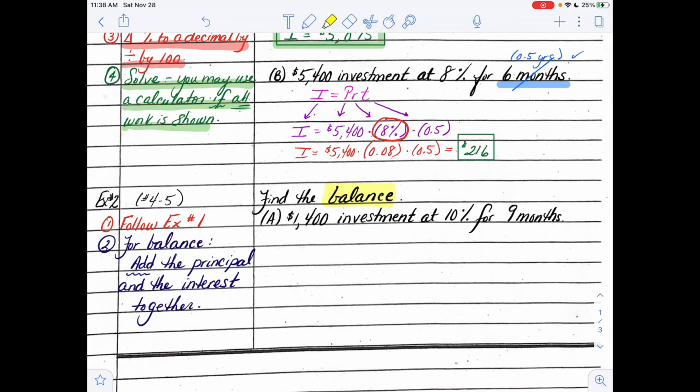So when I say I've got $1,400 I'm going to invest at a 10% rate for 9 months, how much money will it look like in my account when this time is done?